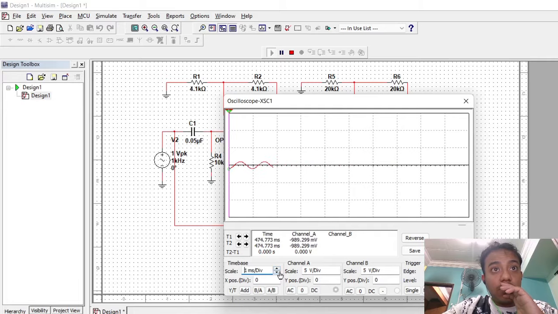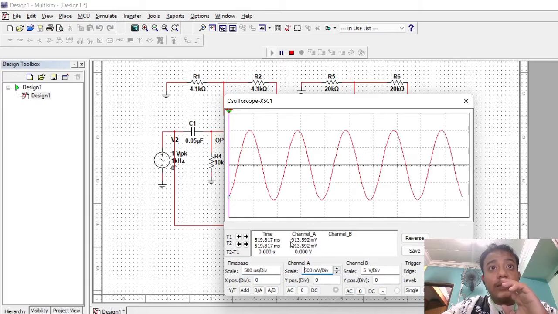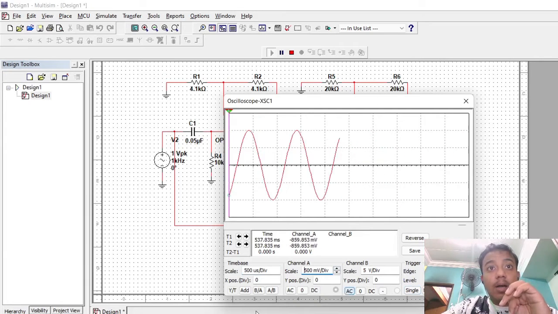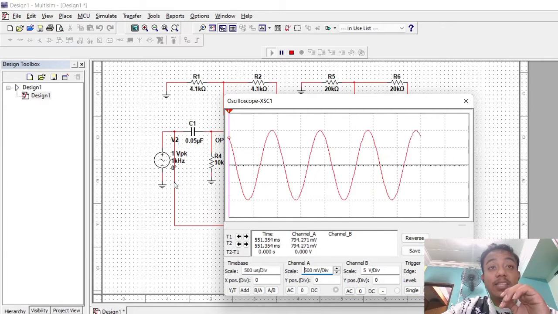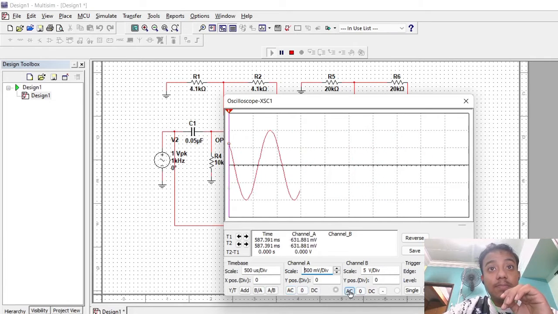Then we change to 500 microseconds and 500 mV, and because we use the AC voltage source, we must put it to AC.